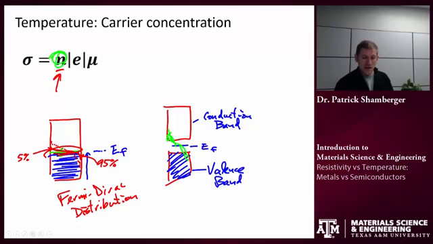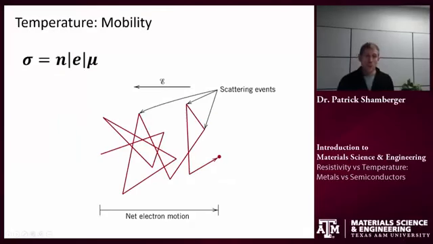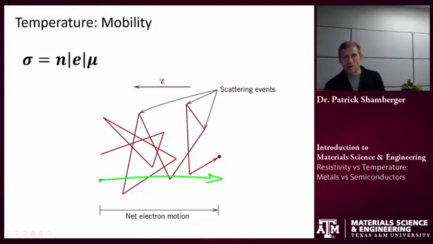So that was N. The charge is temperature independent, so that's not going to change. But next we need to focus on the mobility. For mobility, we need to think about these free carriers moving around. And when they hit some sort of defect, something that's a little bit out of place, they tend to scatter. So an electron does not flow smoothly from a high energy level to a low energy level. It is going to scatter repeatedly, right?